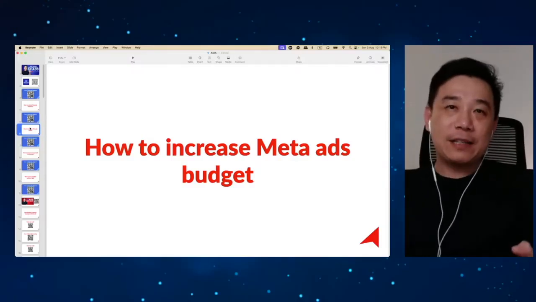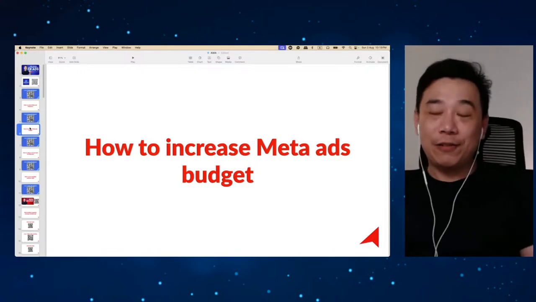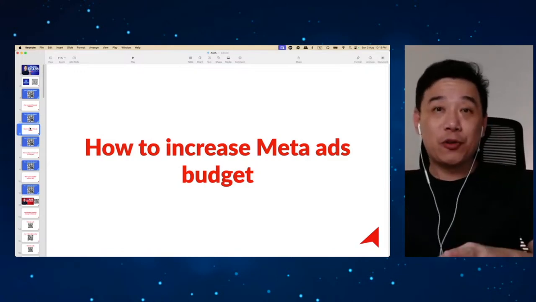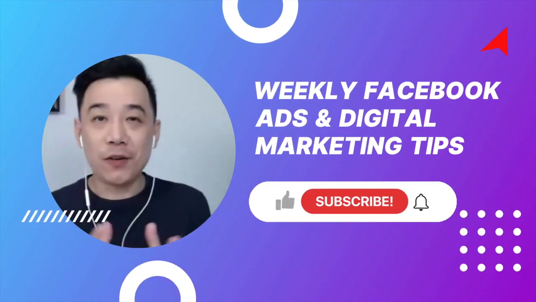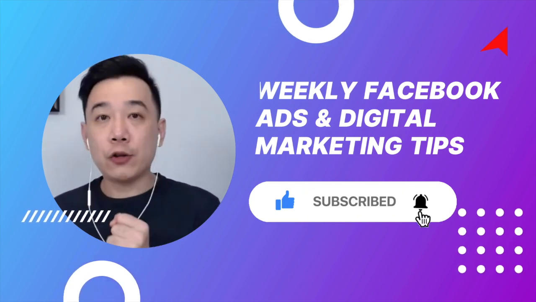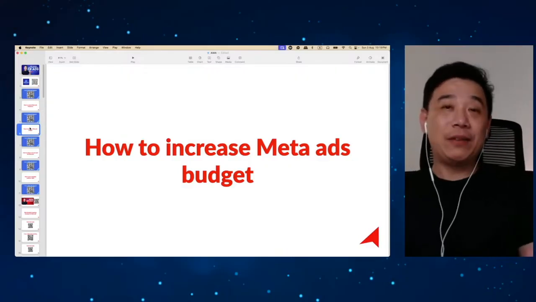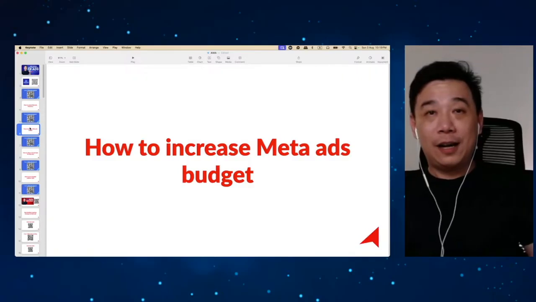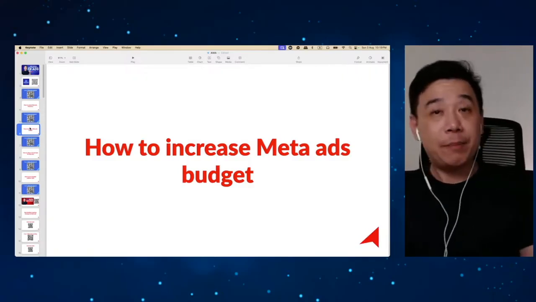After you've been running ads for a while and you're comfortable or satisfied with the result that you have, the next logical thing is, how can we spend more to make more money? Let's say your ROAS is already 5, meaning every dollar that you spend, you're getting $5 into your pocket, which in most cases should be very profitable.